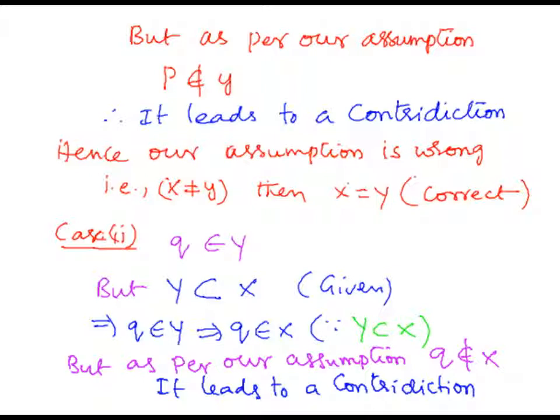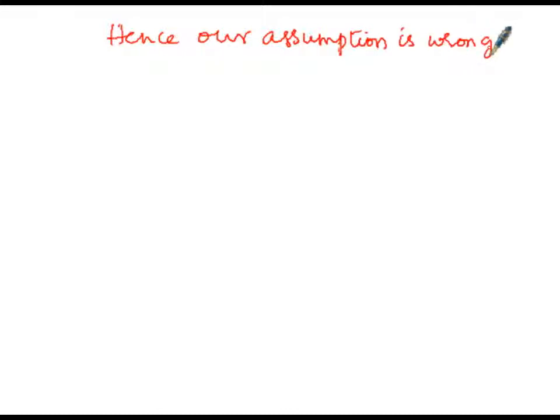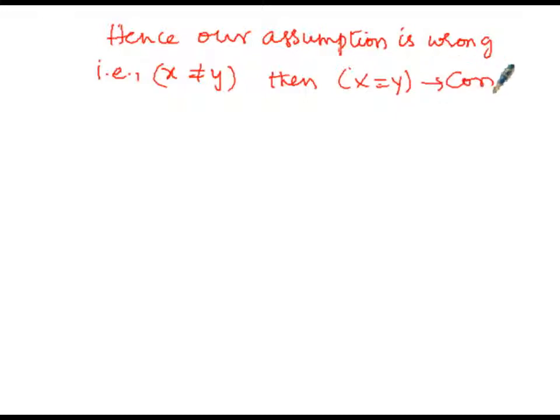Hence our assumption is wrong, that is X not equal to Y, then X equals Y is the correct one.